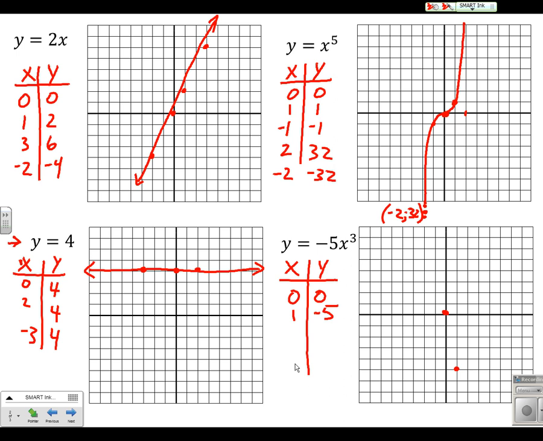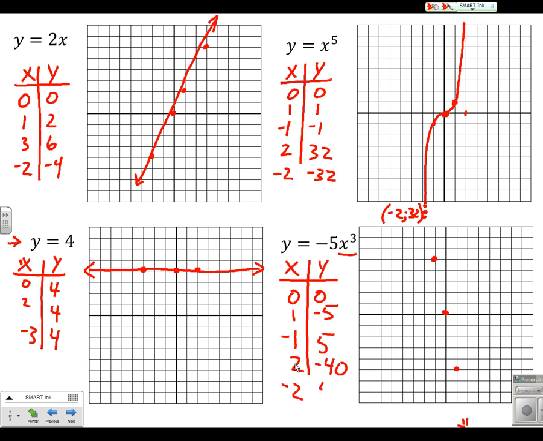And when x is negative 1, negative 1 to the 3rd, negative 1, times negative 5, positive 5. Negative 1 gets me up to 5. Looks like a straight line. Of course, we know better. It's not a straight line. Let's go ahead and check 2. When I put 2 in here, 2 to the 3rd, 8, times negative 5, negative 40. So again, we're way, way, way down. By the time we get to 2, we're way down, negative 40.